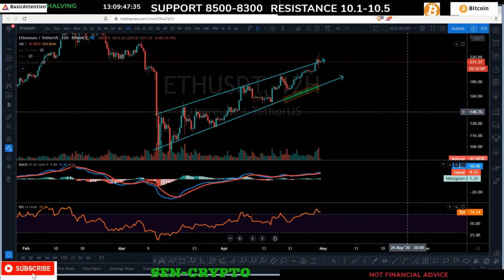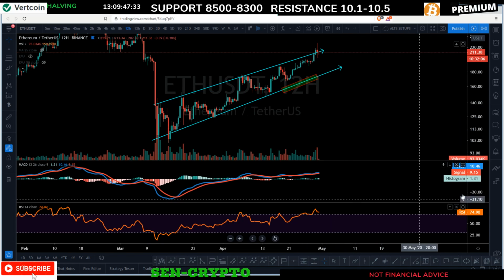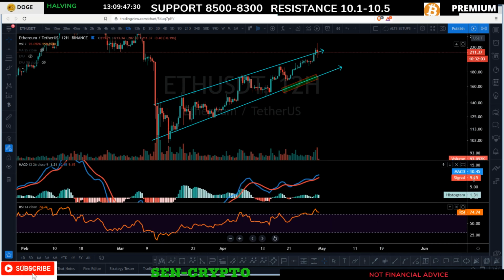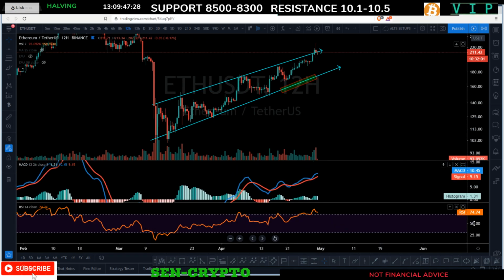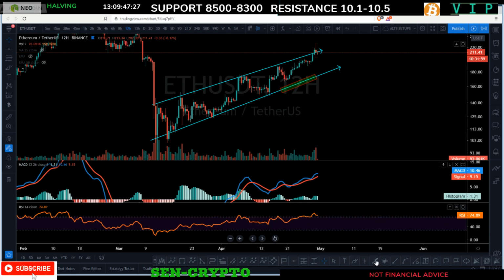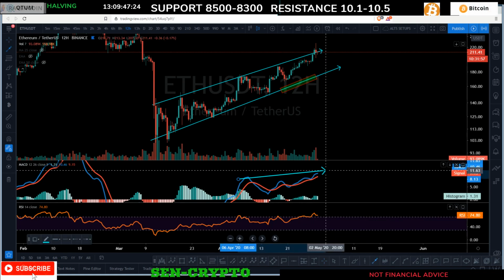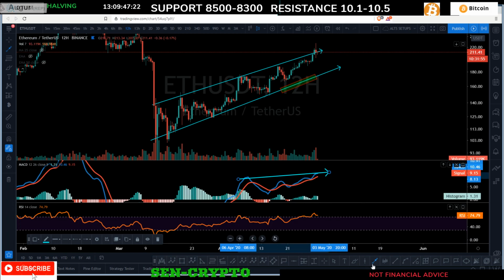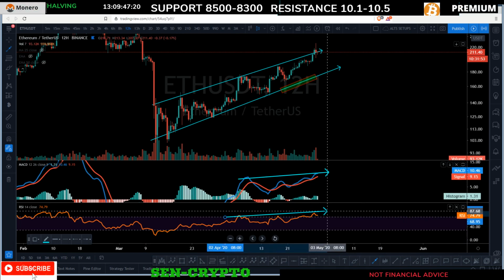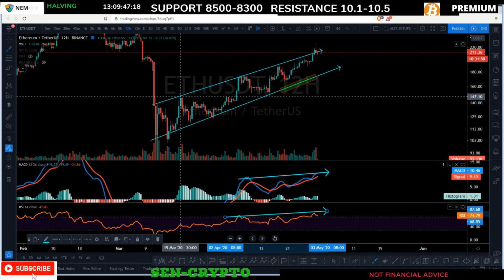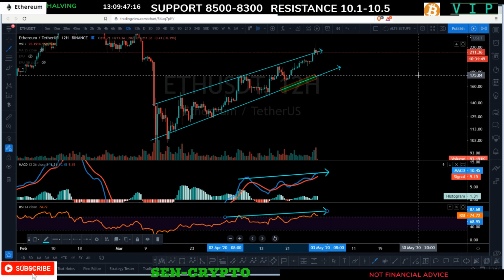As you can see, Ethereum on the 12-hour time frame is still looking very strong. We finally made a high on the MACD, and price action, similarly to BTC, just made a high, like a parallel channel.